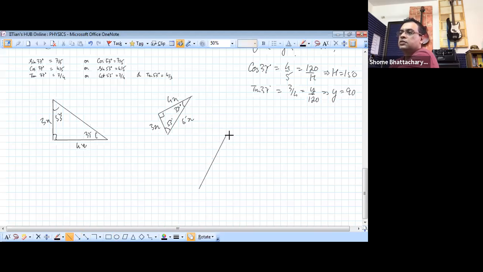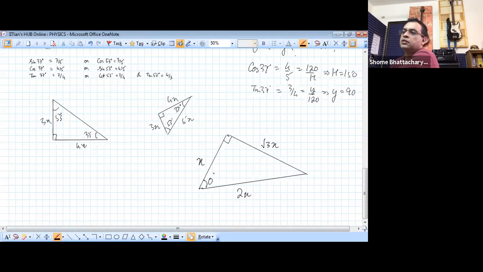Okay. Similarly, if I give you a triangle like this now, something like this, but now suppose the sides instead of 3x, 4x and 5x, the sides are 2x, x and root 3x. Now you can see this is which type of triangle.